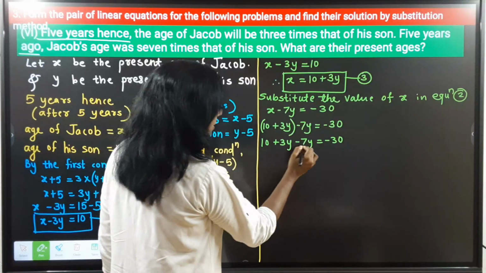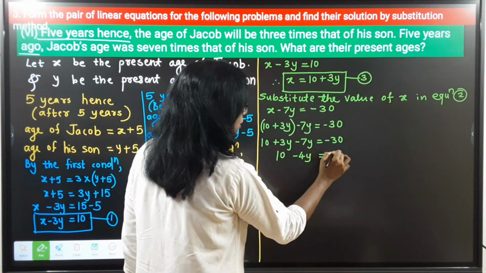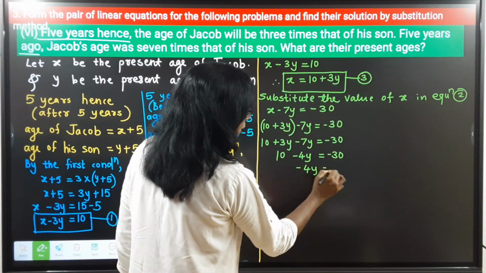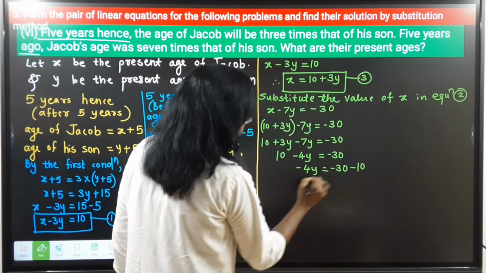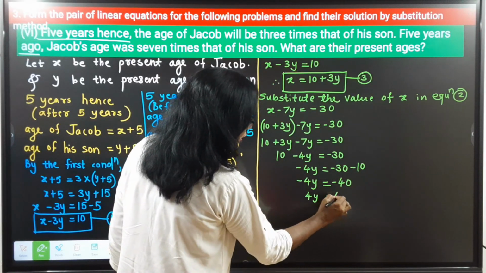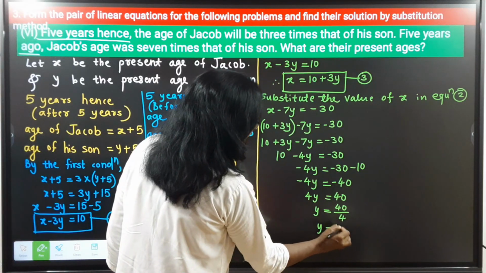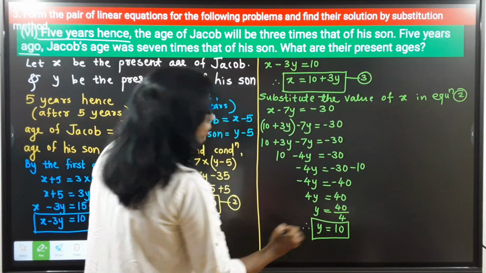Therefore, 3y minus 7y means minus 4y. So write as it is: 10 minus 4y is equal to minus 30. Therefore, minus 4y is equal to minus 30 minus 10. Therefore, minus 4y is equal to minus 40. So 4y is equal to 40. y is equal to 40 upon 4. So y is equal to 10, since 4 tens are 40.